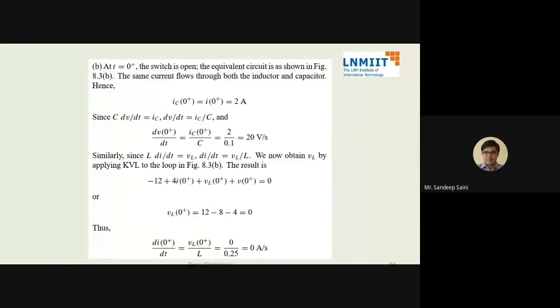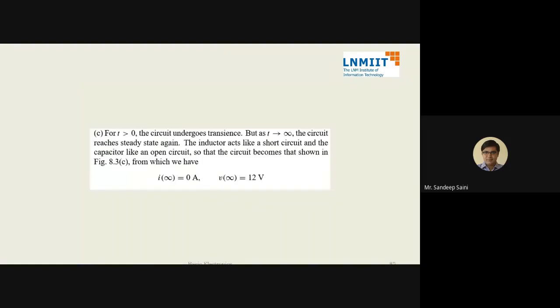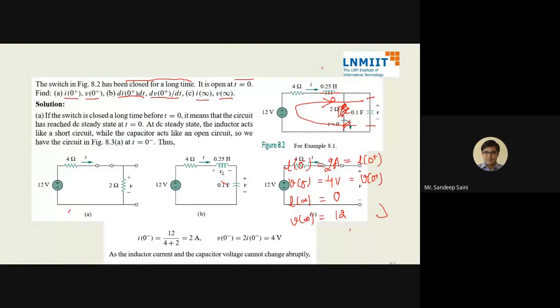Now let us come to the second calculation. At t equal to 0 plus, the switch is open. The equivalent circuit is shown here, with R, L, C all present.